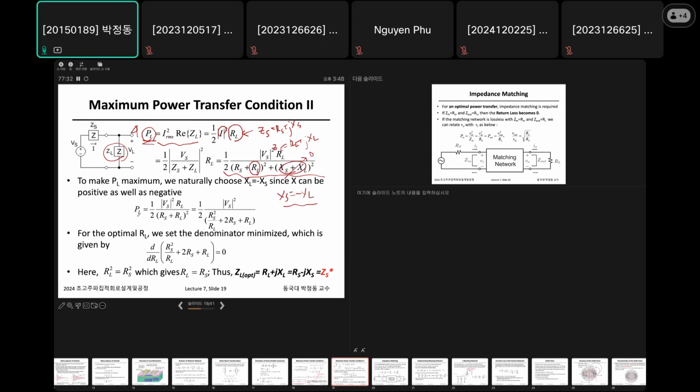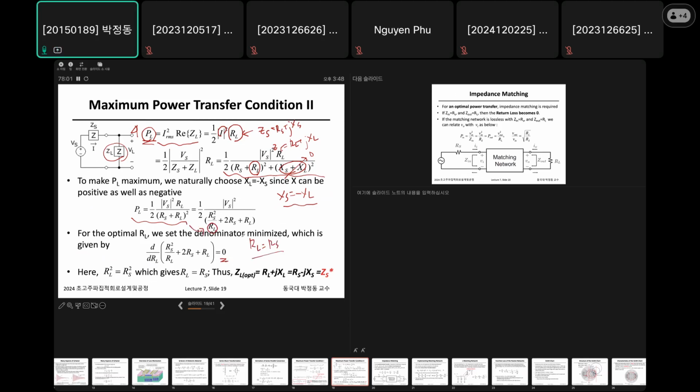So we get this, then we rearrange this. We just expand this like this. Then for the optimum RL, we just take a derivative with respect to RL, right? Then what we can get is RL equal to RS, right?